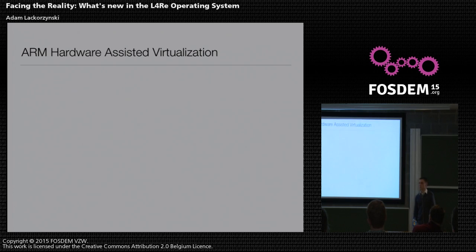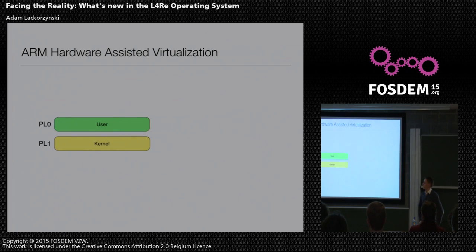So the biggest news possibly is the support for ARM hardware-assisted virtualization. If you have a look at the existing architecture on ARM, we had basically two privilege levels, user mode and supervisor mode. And there we were running the kernel and the user land.